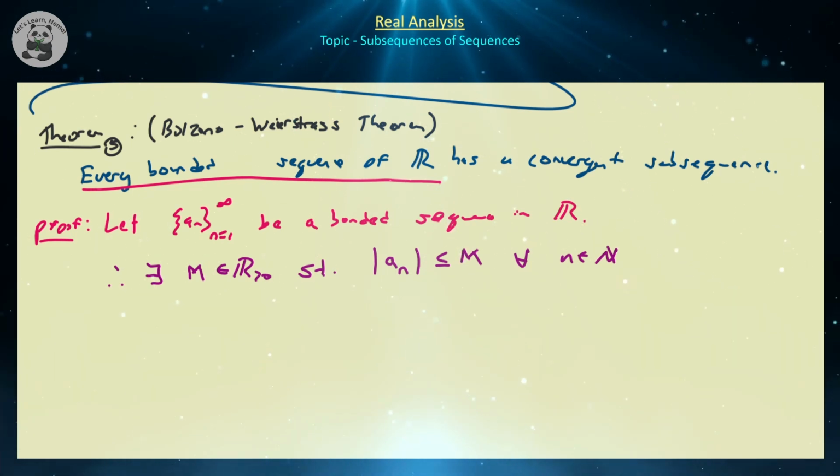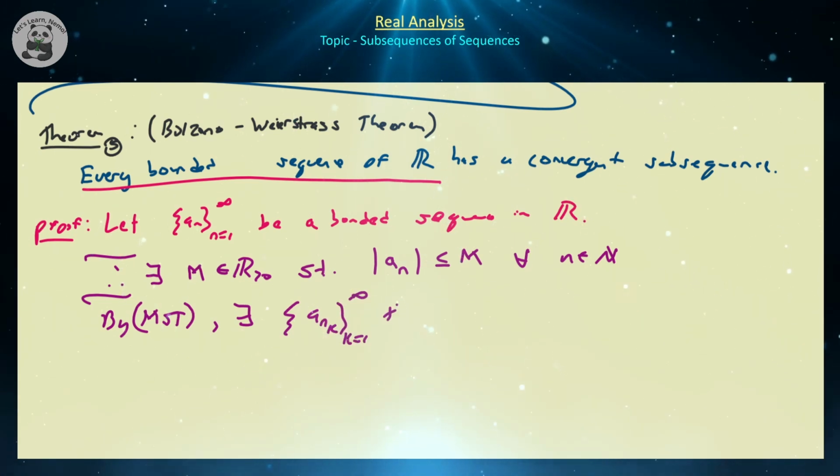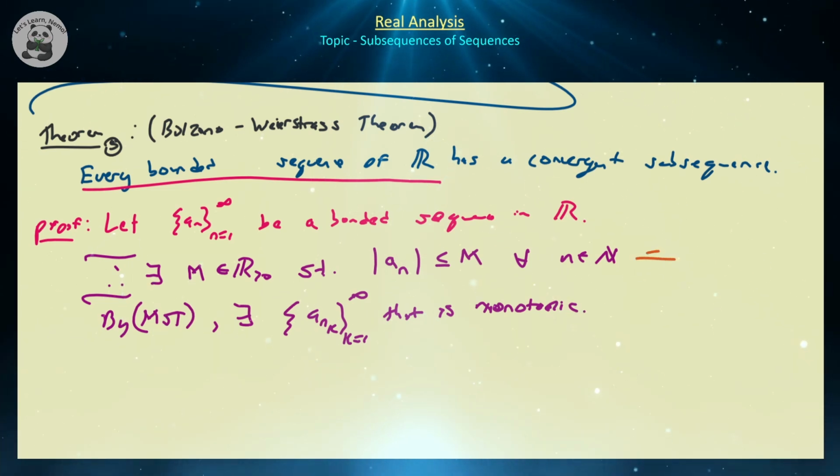Also, in parallel, since this is a sequence in R, by the monotone subsequence theorem, there exists a subsequence (a_{n_k}), where k ranges from 1 to infinity, that is monotonic.